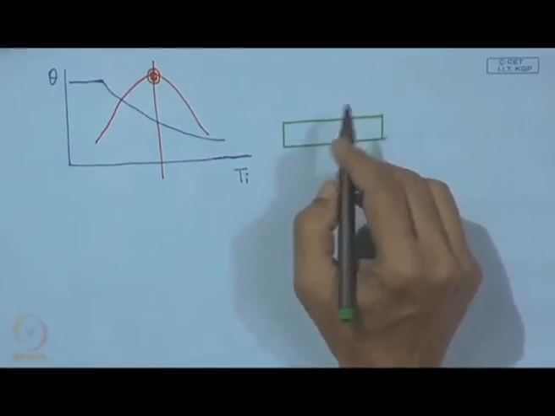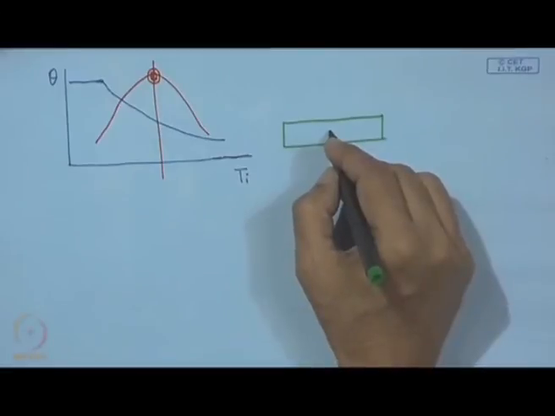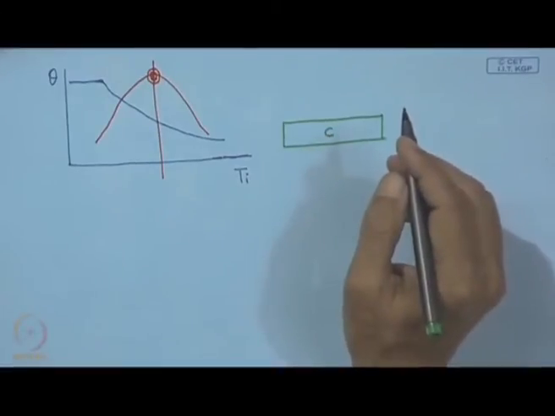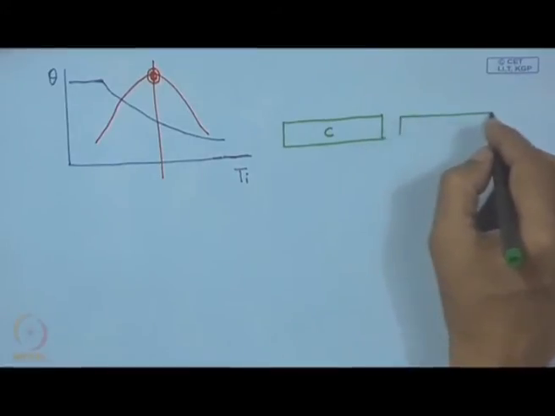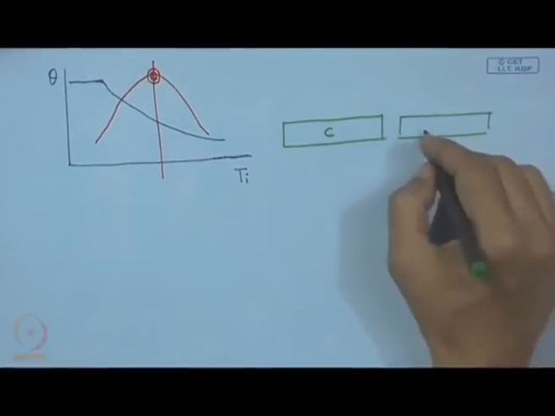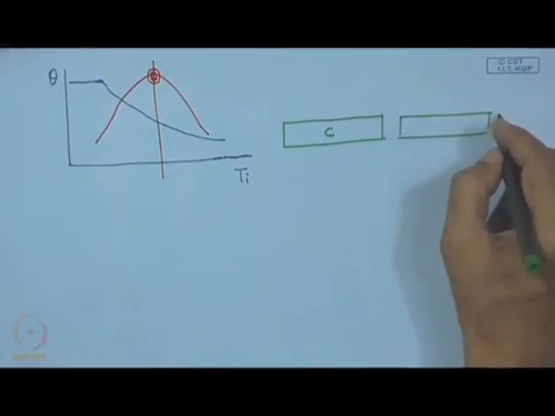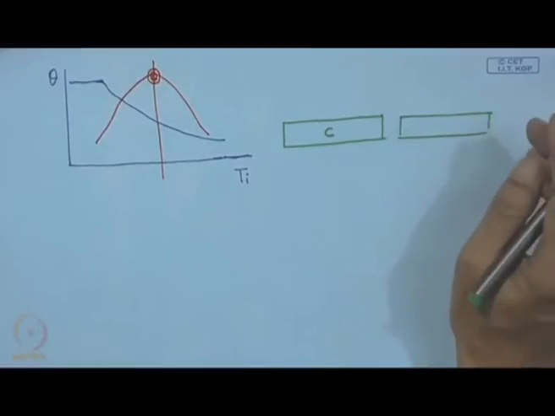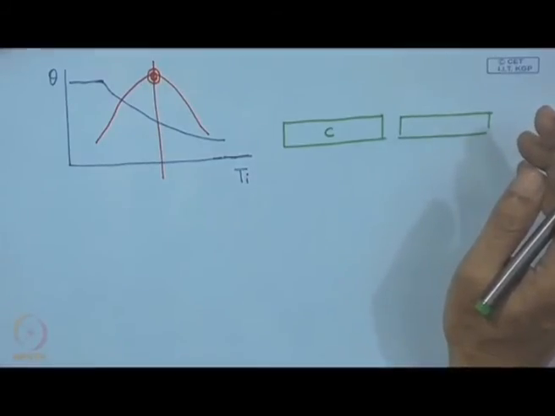So that we have carbide formation in case it is a source of carbon. If it is an oxide ceramic, then it should be a titanium oxide. If it is a nitride ceramic, most likely it should be titanium nitride.